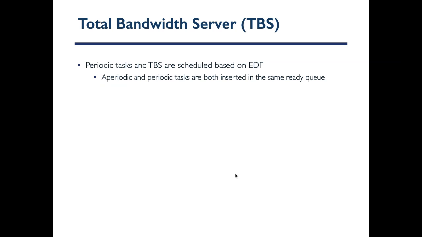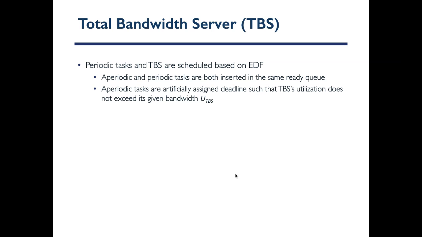But because your aperiodic tasks don't actually have periods, you have to artificially assign a period to them. The way you are going to do that is you always make sure that you assign a deadline, because it's artificial, you can set any deadline you want.